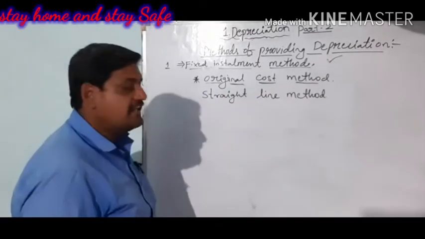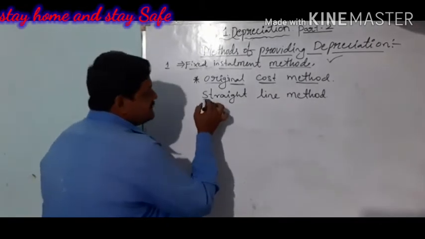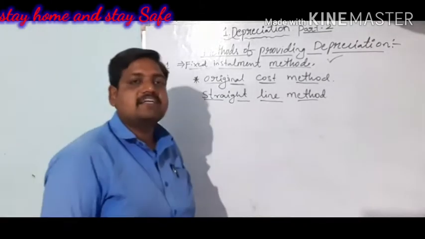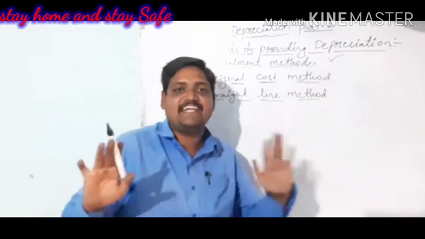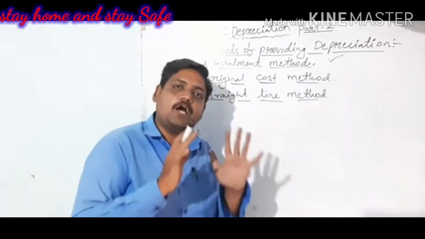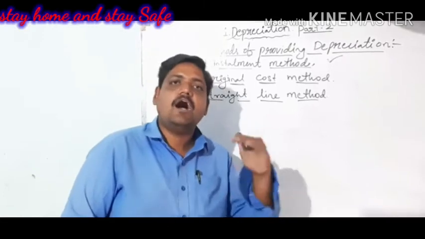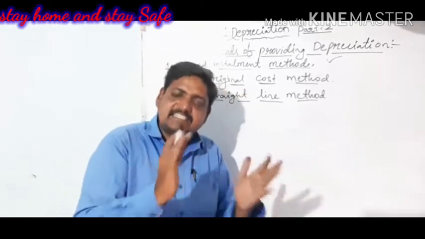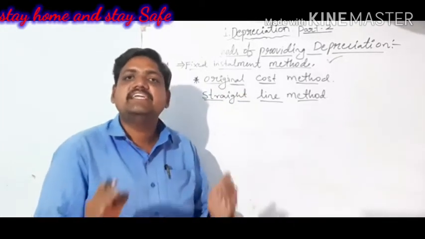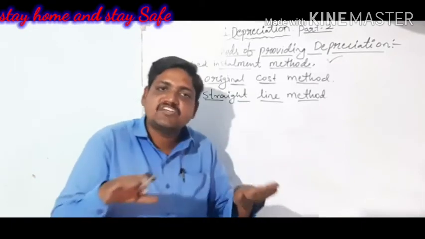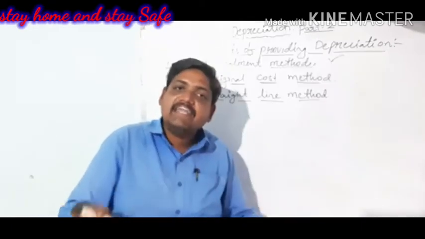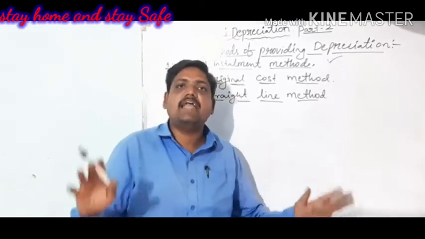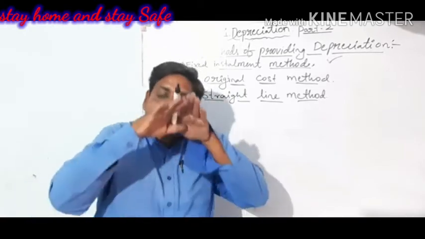And why is it called the straight line method? According to this method, the depreciation value cannot be changed. Once the depreciation is calculated on the machine value, furniture value, building value, or any fixed asset value, it cannot be varied from one year to another. Always the depreciation value is fixed or constant.